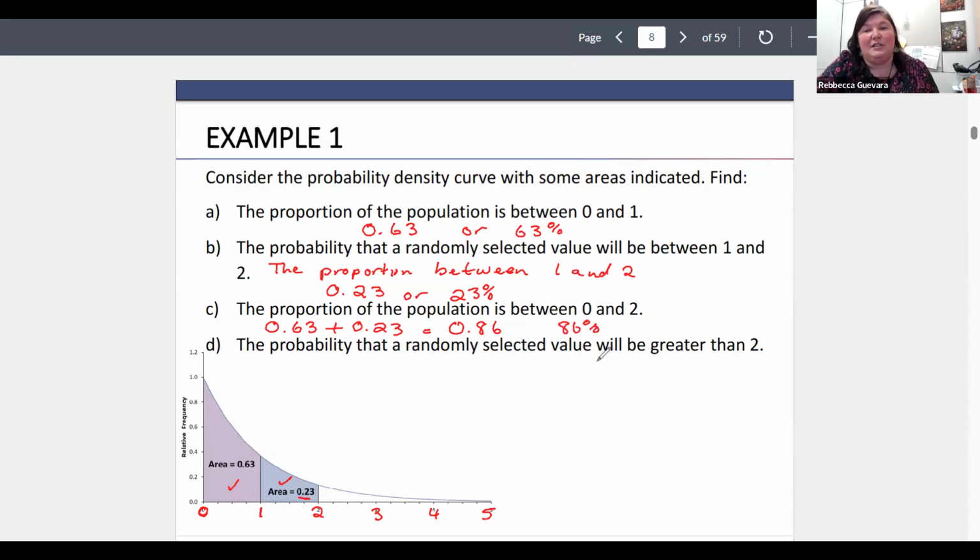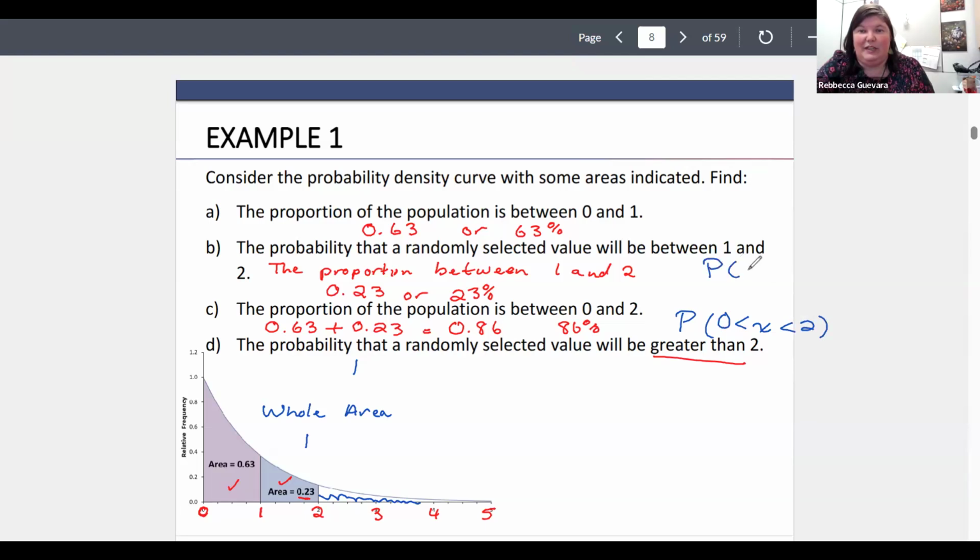What about the probability that a randomly selected variable is greater than 2? We're talking about this area right here. We know that this whole curve represents 1. We know that anything less than 2, right here, is the probability that x is between 0 and 2.